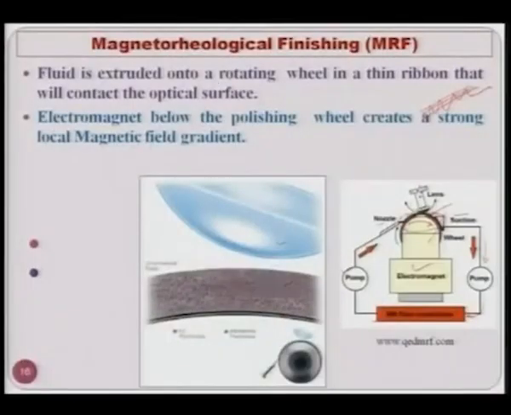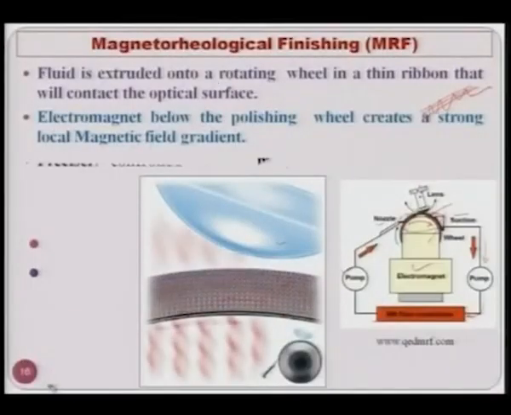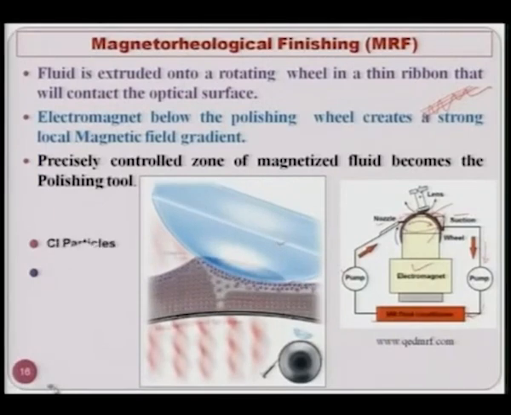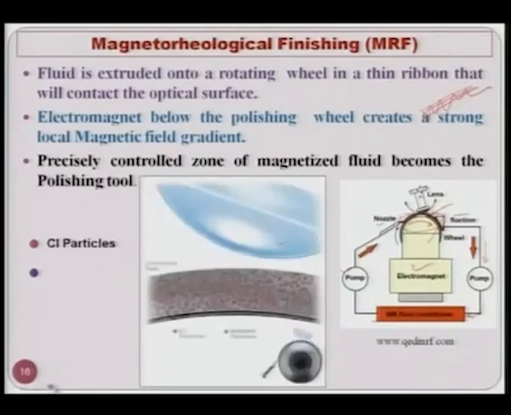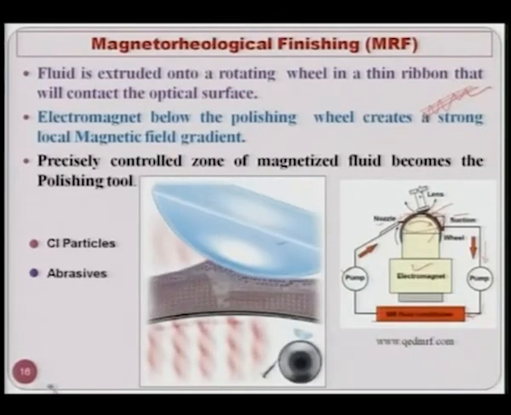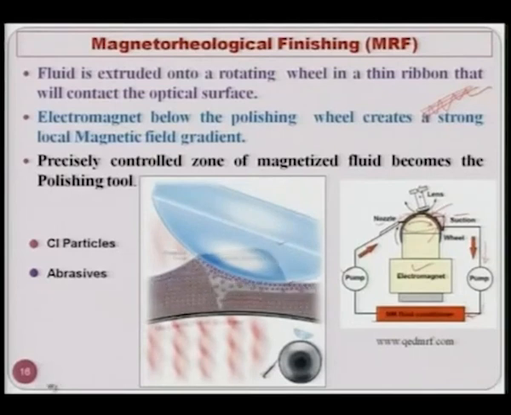At the top of these chains, the abrasive particles are in contact with the lens. A precisely controlled zone of magnetized fluid becomes the polishing tool, and you can see the carbonyl iron particles and abrasives visible in this particular video.